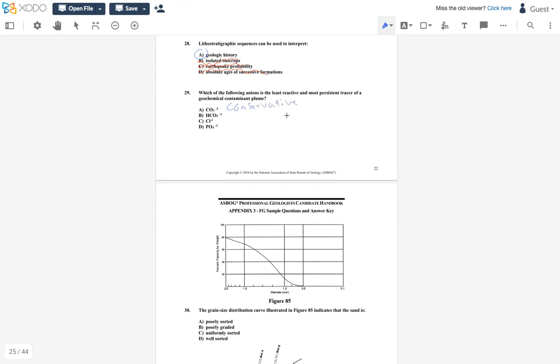And conservative ions, they fully dissociate from their conjugate acids and bases over the normal range of pH that you would see in natural water. And they come from high solubility salts.